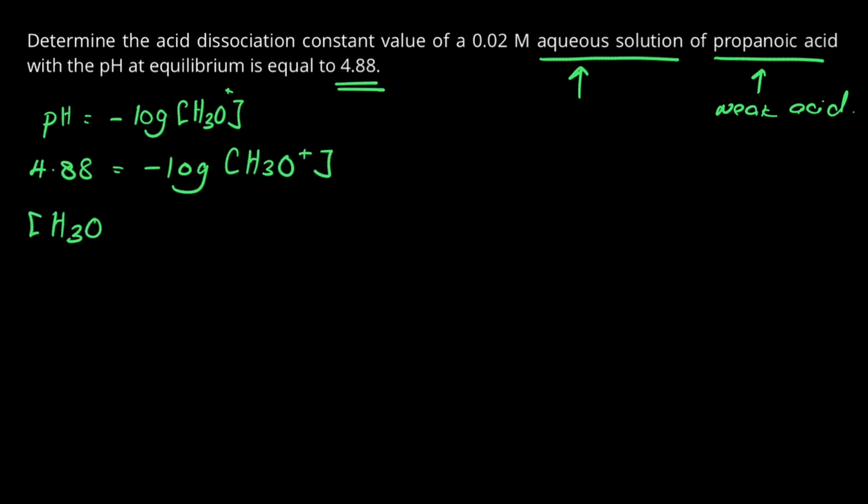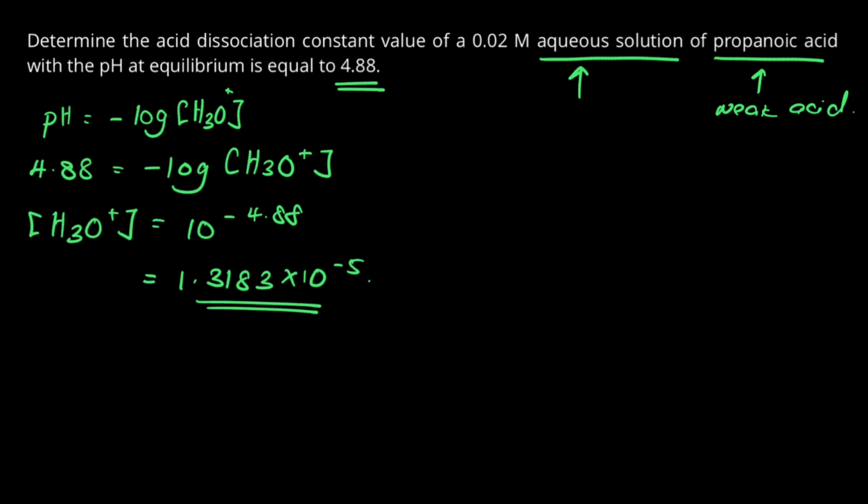Hence, we can find the concentration of H3O+, which should be equivalent to 1.3183 times 10 to the power of negative 5. So this is the concentration of H3O+.